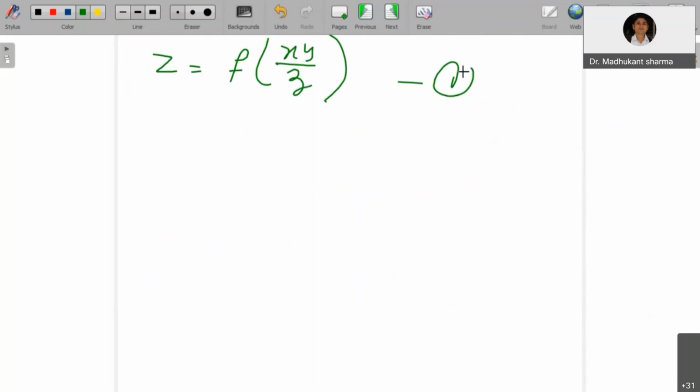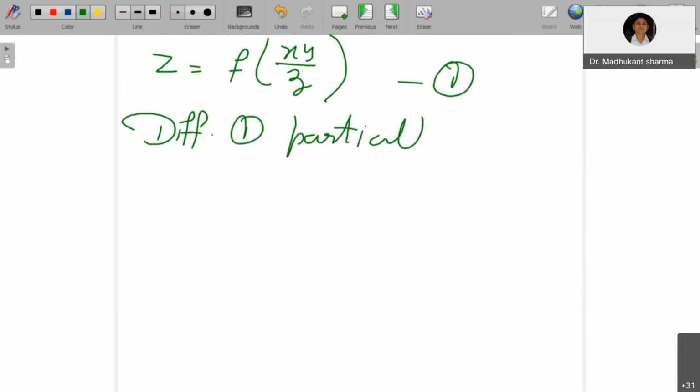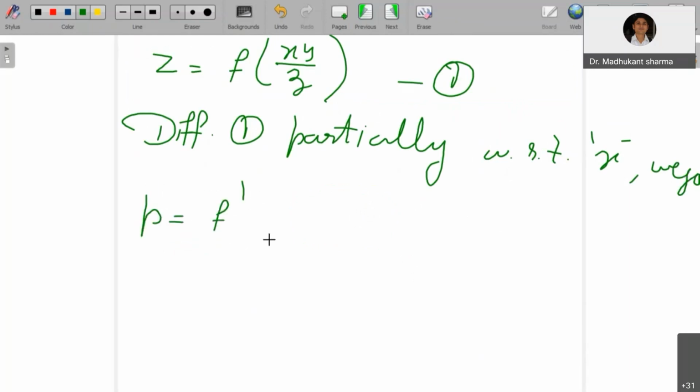You can call this 1. Differentiating 1 partially with respect to x, we get p equals f dash of x into y by z.